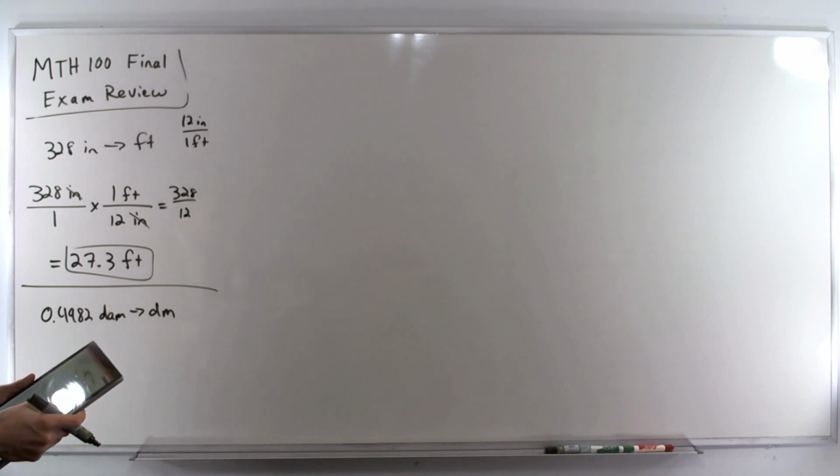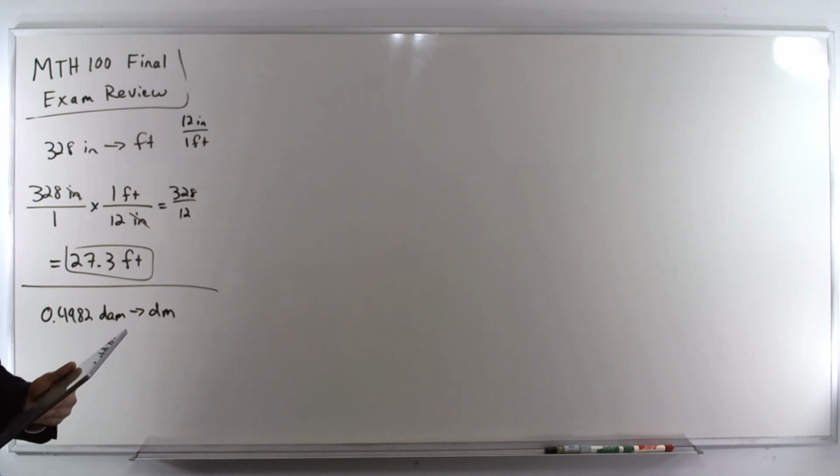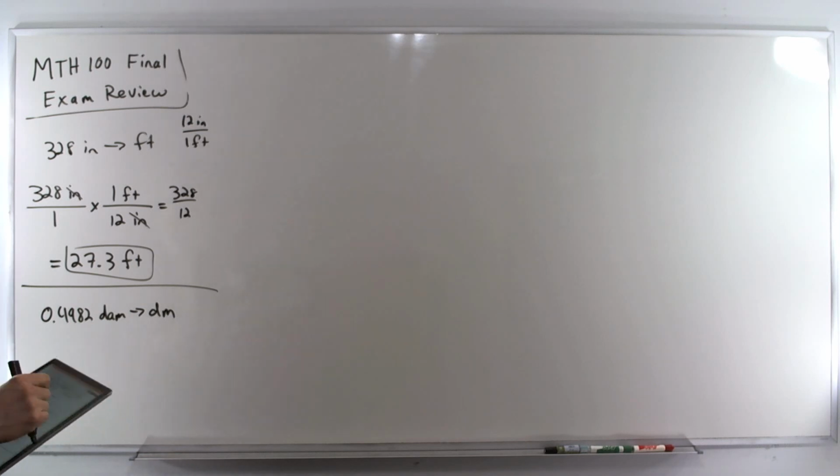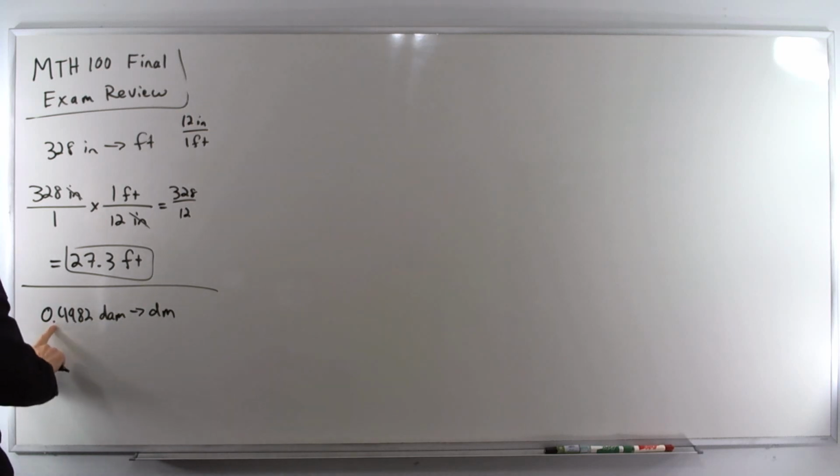Now deca is just to the left of the base unit. Deci is just to the right of the base unit. Notice we have to take 2 steps to get from deca to deci. That means that's how many places we're going to move the decimal point. Now we move to the right, into the smaller units, that means we have to move the decimal to the right. So move it 2 places to between the 9 and the 8.